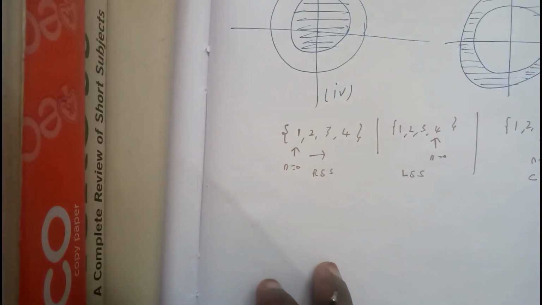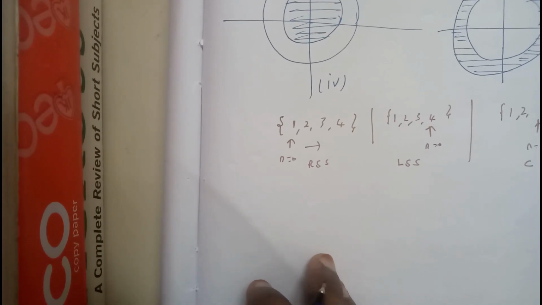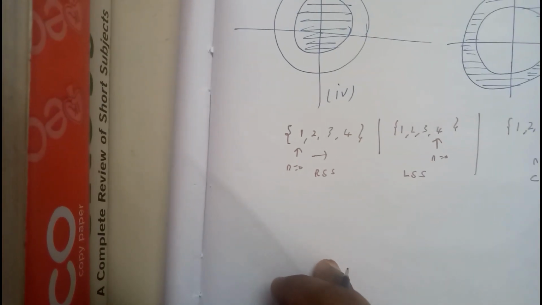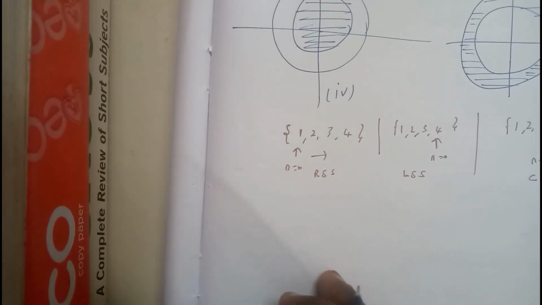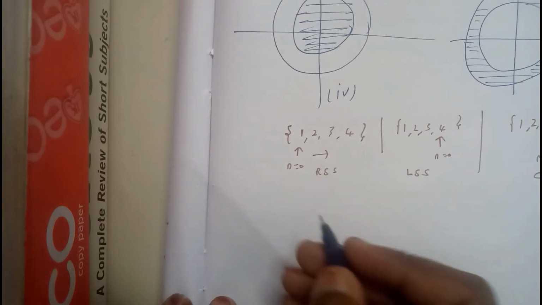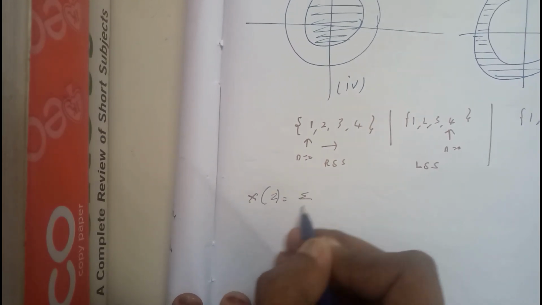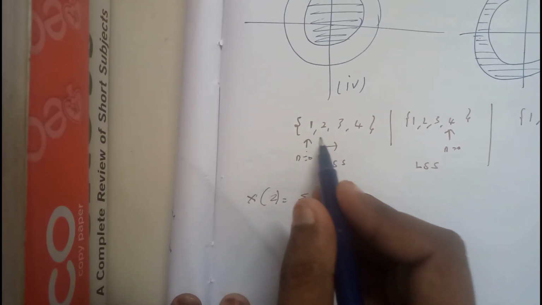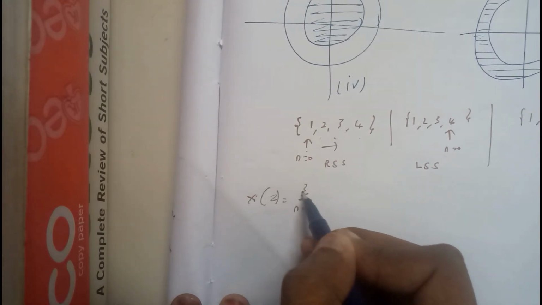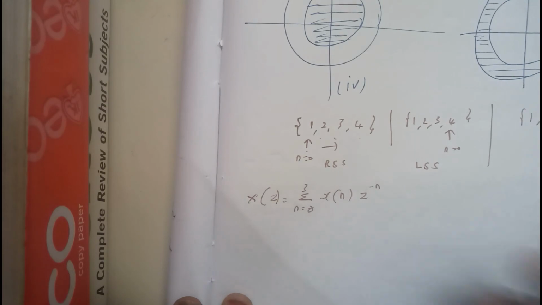For this you need to find the Z transform. There is nothing much to do guys. We know the formula, that is x of z equals sigma n equals 0 to 3 of x of n into z to the power of minus n.